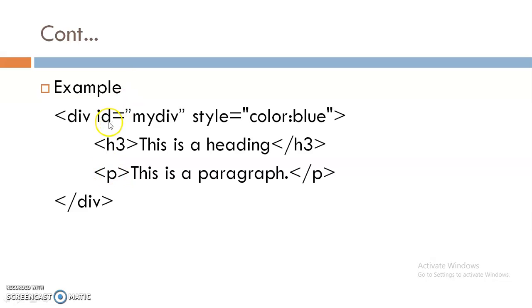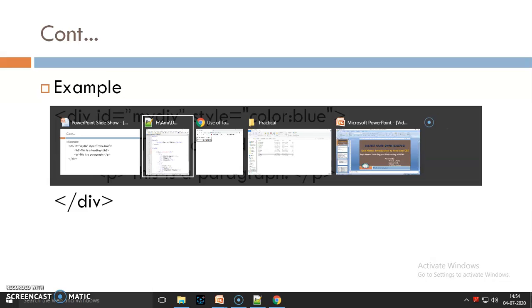Here the division id equals mydiv. The id attribute is used to uniquely identify the division or section on a web page. And the style attribute is used to specify formatting style for the contents of the div tag. Now the practical of the division tag.